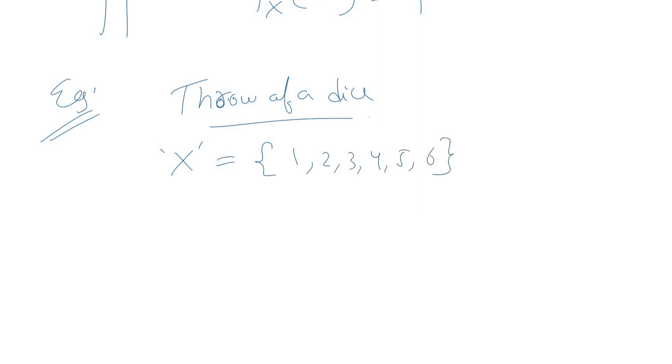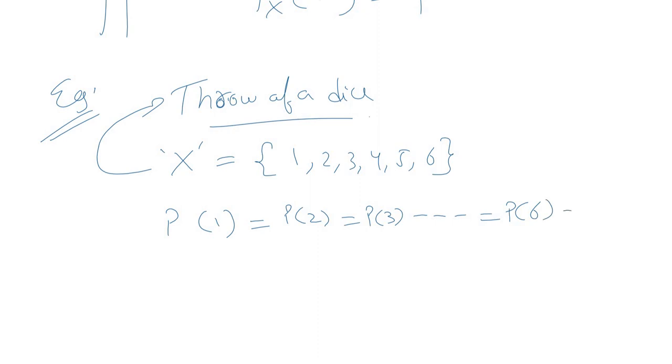These are the 6 possible values. If the dice is unbiased, the probability of occurrence of each event is equal, and that is 1 by 6.